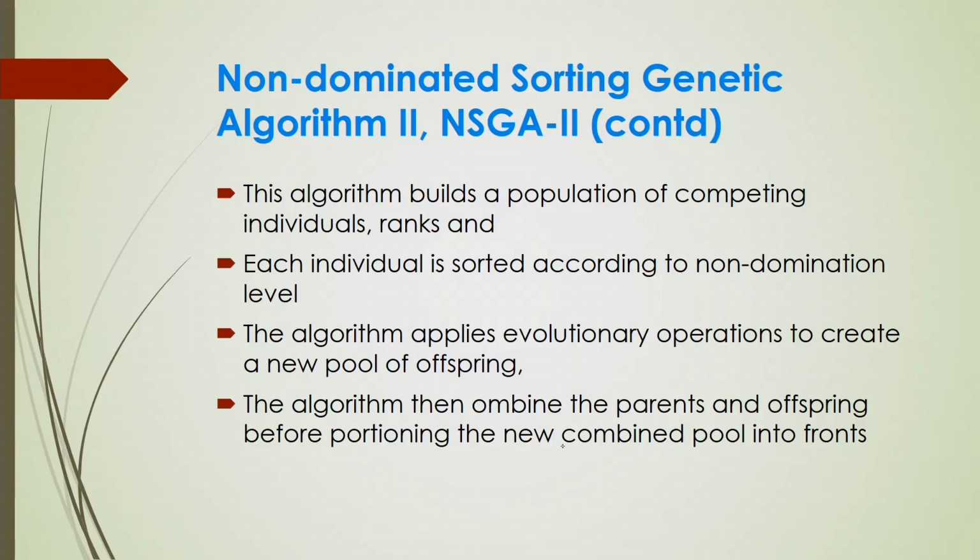So, the algorithm applies evolutionary operations to create a new pool of offspring, and it combines the parents and offspring before partitioning the new combined pool into fronts. So, whenever you combine the parents and offspring, you partition the new pool into the Pareto fronts, where you can get the optimal set of solutions.